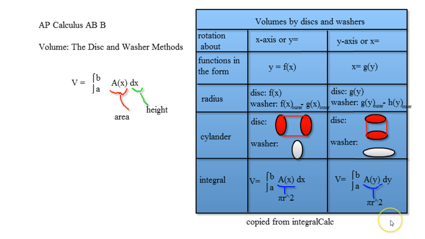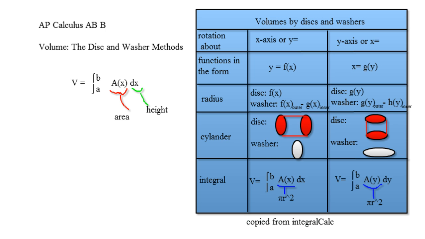That's especially so with disks and washers, since there's no other type of shape for the area: you're rotating around the axis and creating either a cylindrical-like or a washer-like object.